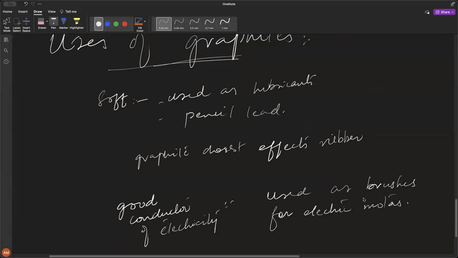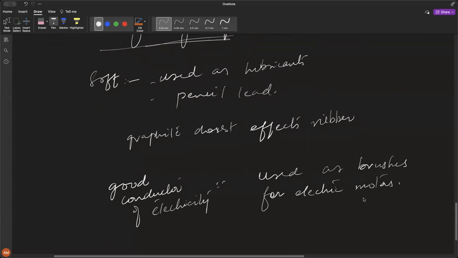Okay, they are good conductors of electricity, and they are not reactive, so they are good as electrodes for electrolysis.